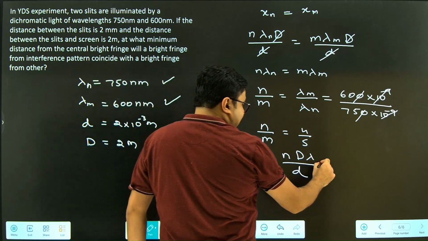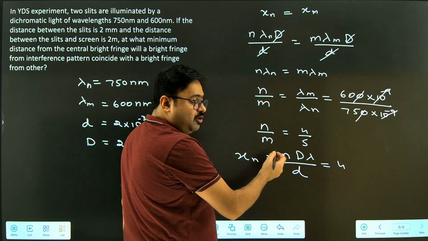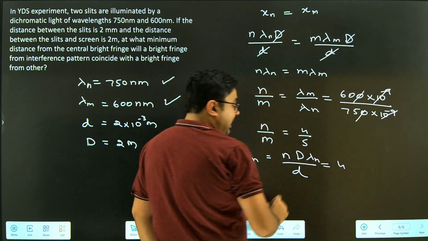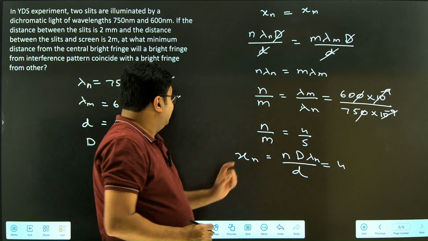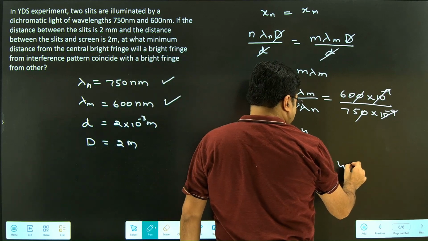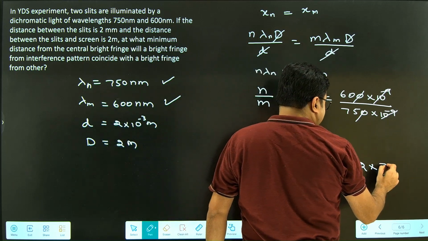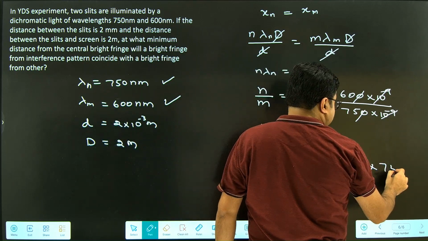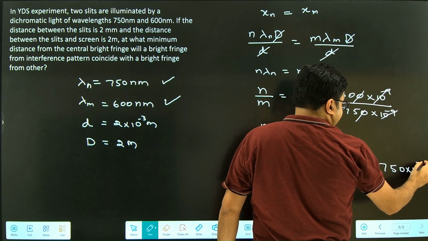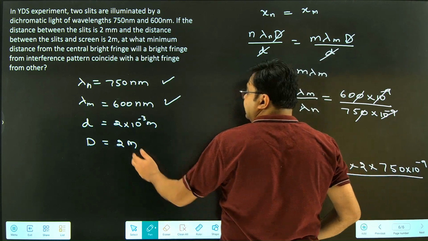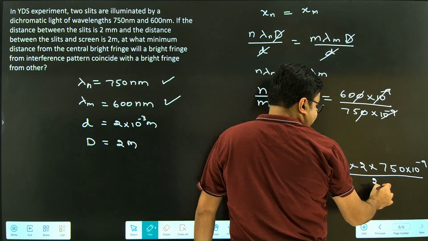You will have to take n equal to 4 if you are writing the nth wavelength. So that's lambda n. D, my dear friends, is given in the question. It's 2 multiplied by lambda n, which is 750 into 10 to the power of minus 9, divided by d, small d, which would be 2.